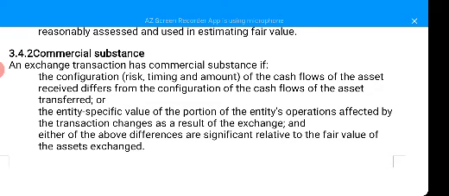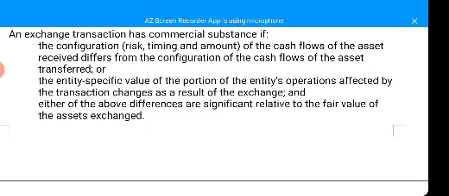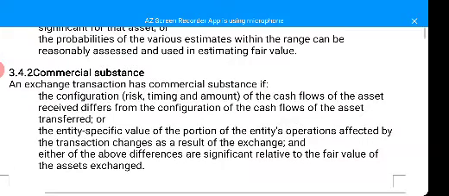An exchange transaction has commercial substance if the configuration, risk, timing, and amount of the cash flows of the asset received differ from the configuration of the cash flows of the asset transferred, or the entity-specific value of the portion of the entity's operations affected by the transaction changes as a result of the exchange, and either of the above differences is significant relative to the fair value of the assets exchanged.